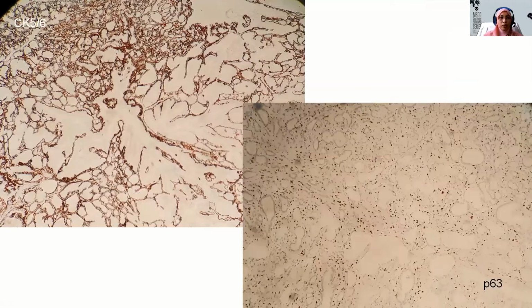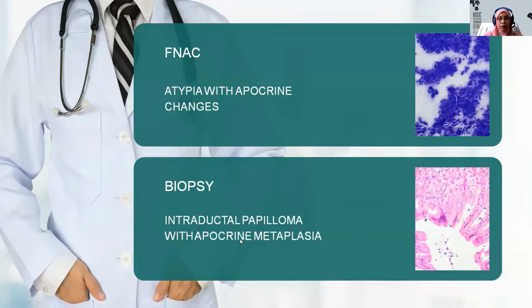So she proceeded with p63 and CK5/6 stains, and they are positive even within the center of the lesion, meaning that myoepithelial cells are present throughout the papillary lesion. So the diagnosis is an intraductal papilloma with apocrine metaplasia. Surprisingly, the apocrine metaplasia is so florid in this case.